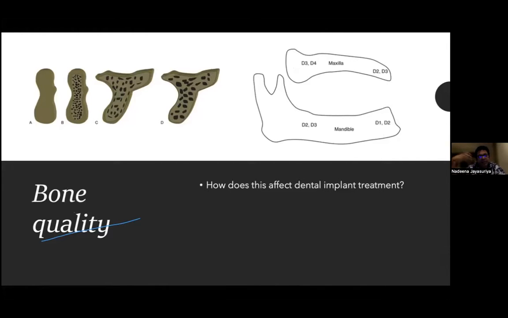Upper maxilla, bone is very soft. So when you're putting an implant, you will understand how easy it is to get primary stability, or how difficult it is to get the implant to be stable in that bone. So once you start practicing, you have to know more details on this.